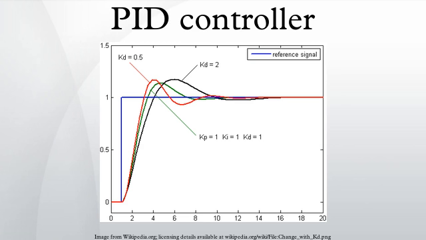Ziegler-Nichols method. Another heuristic tuning method is formally known as the Ziegler-Nichols method, introduced by John G. Ziegler and Nathaniel B. Nichols in the 1940s. As in the method above, the I and D gains are first set to 0. The proportional gain is increased until it reaches the ultimate gain, at which the output of the loop starts to oscillate.